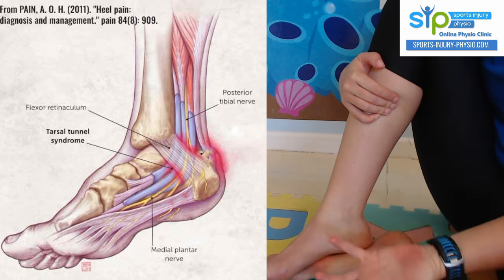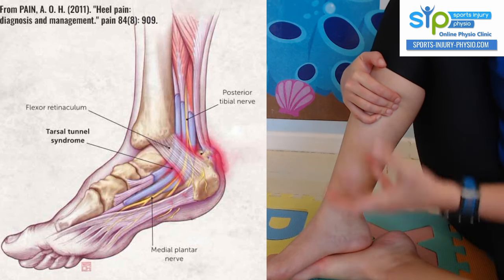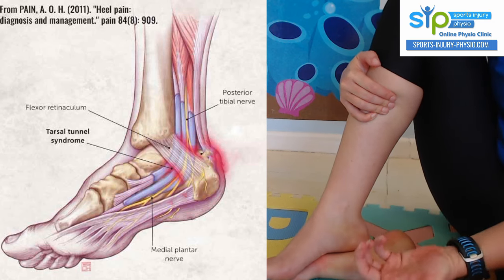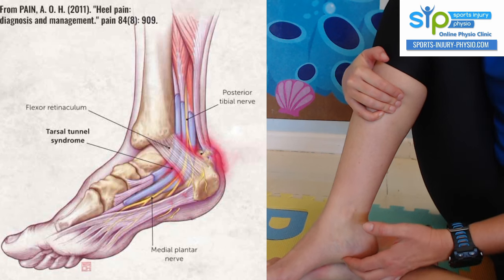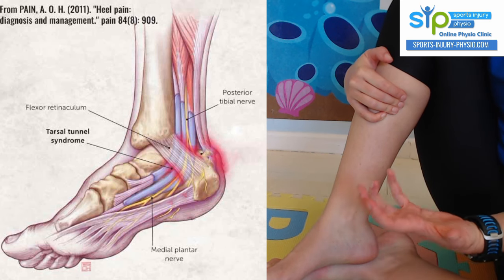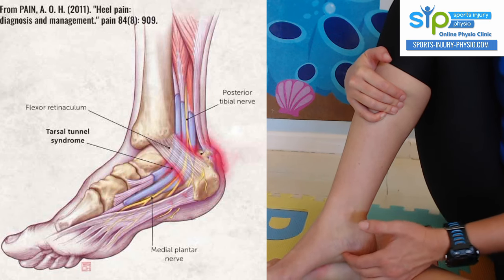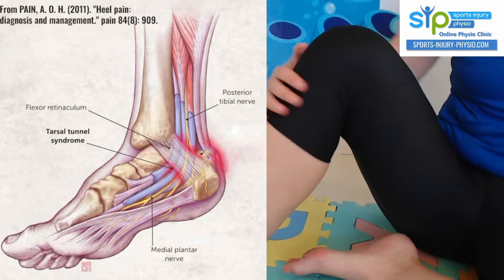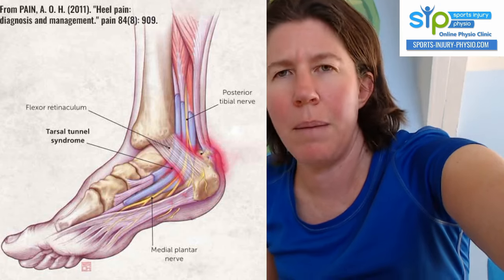It can be in the form of tingling, a burning sensation, numbness, a change in sensation, funny sensations, or it can just be a throbbing pain that feels very similar to plantar fasciitis, for instance. And it can often be misdiagnosed as plantar fasciitis because it can cause pain in the same area. But there are certain things that will make you suspect that maybe it's not plantar fasciitis.